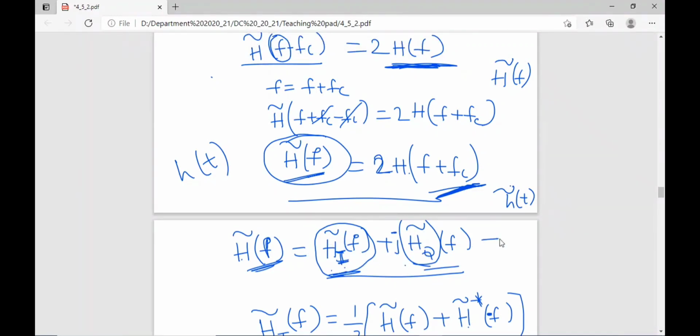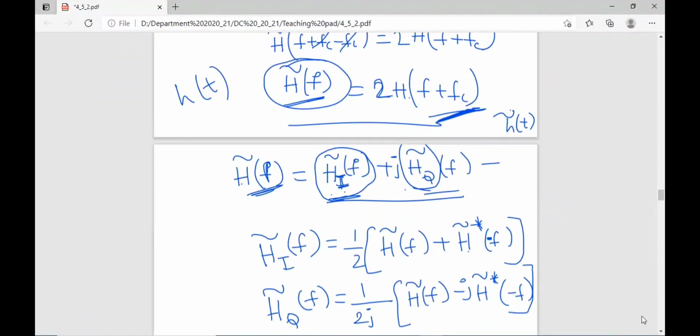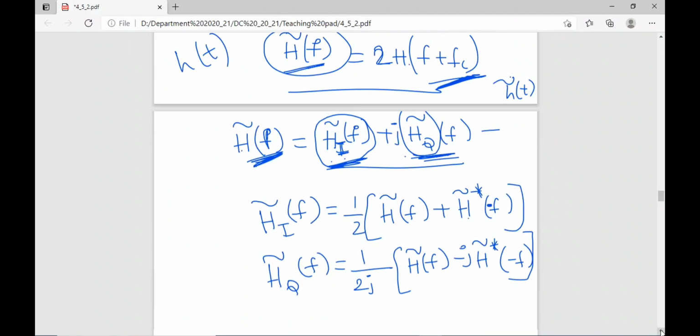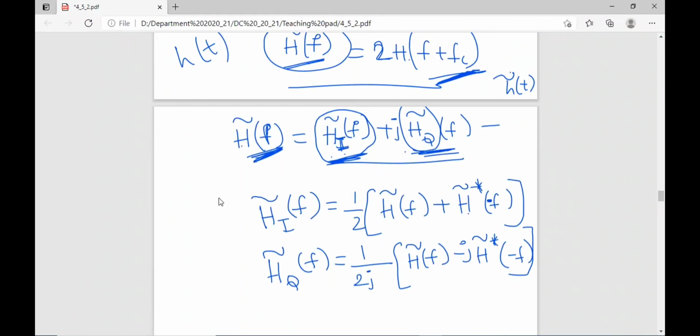So if I know H I tilde of f and H Q tilde of f, I'll be able to find H tilde of f.